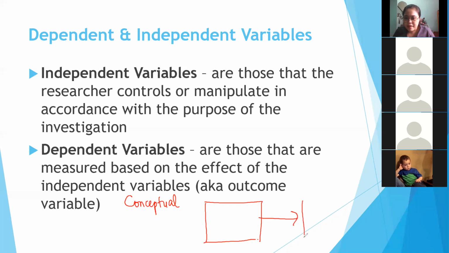Going there, there is an arrow. It should be touching. Okay. So the arrow represents that when you manipulate the IV, you will have the DV. Because when you manipulate this, what you measure here, you put in the dependent variable.